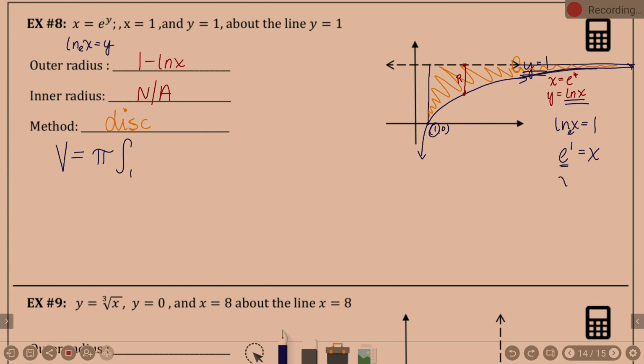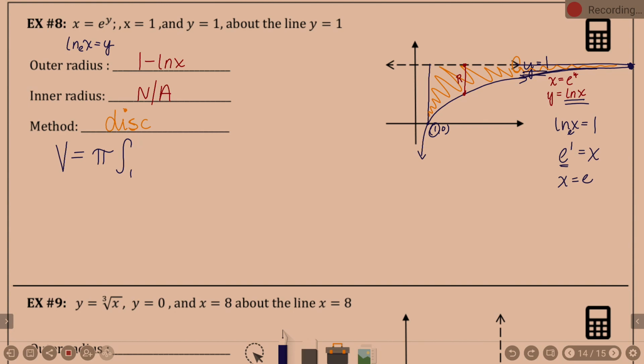So this intersection point is 2.7828, but we can just put e.